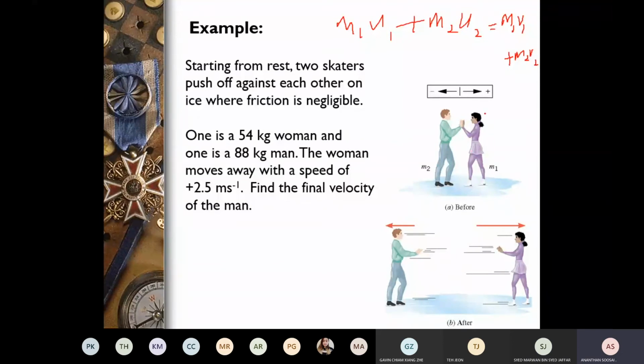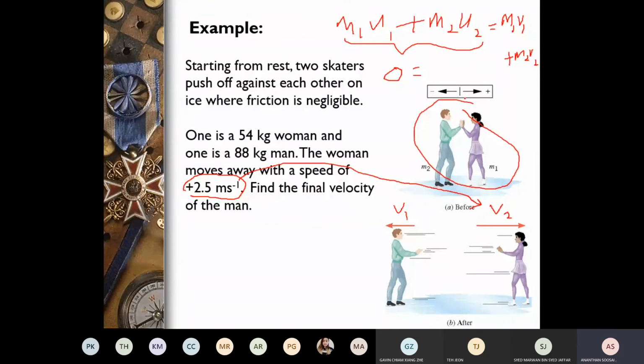Both of them are at rest, so the total momentum is 0, right? They never move because u1 and u2 are 0. When they push each other, v1 is to the left and v2, let's say, to the right. The 2.5 is v2, so you put it into the formula.